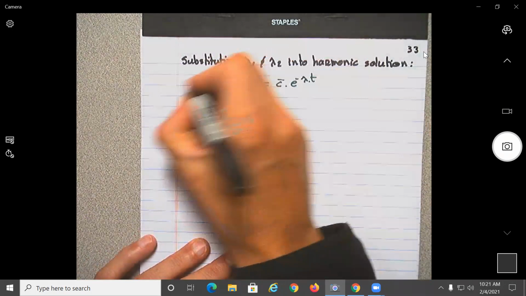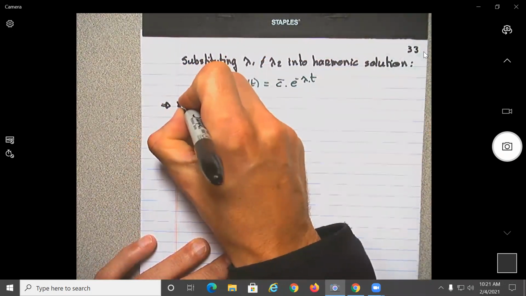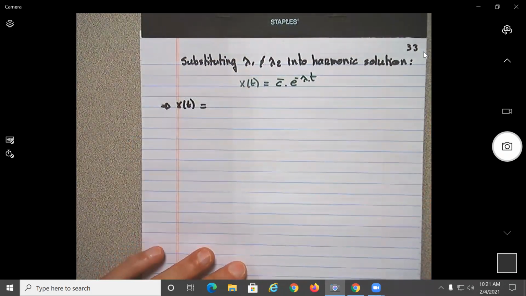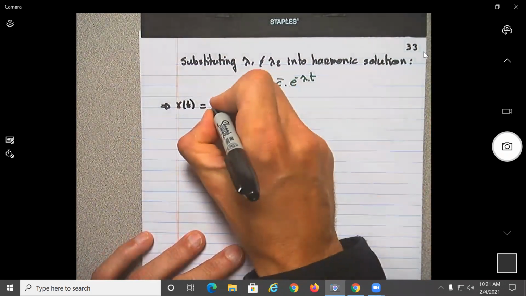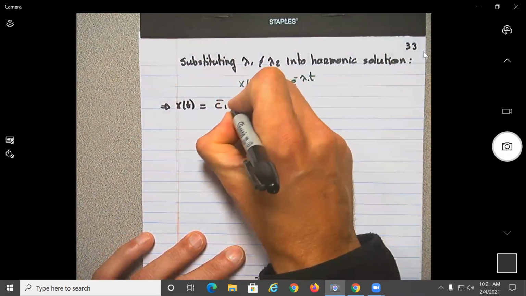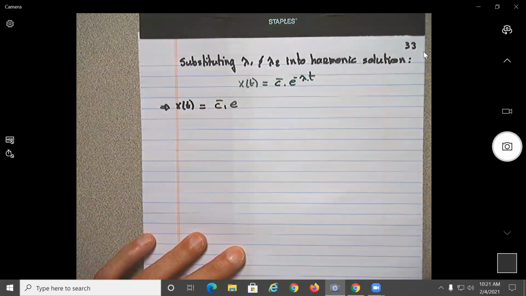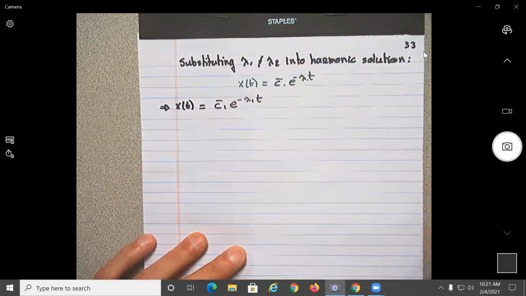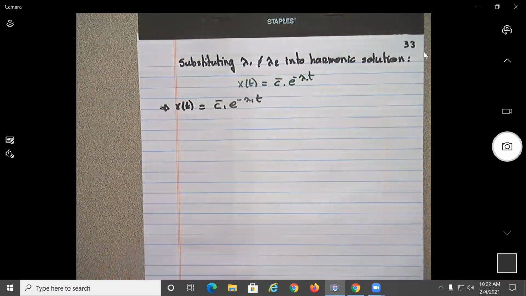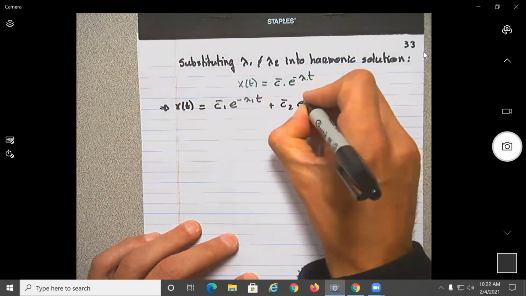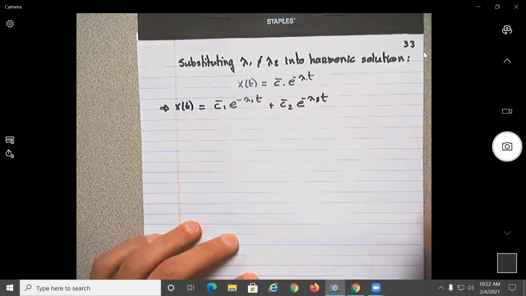So we have over here x of t will be equal to, you know what, I'm going to write it in a simpler form, will be c1 exponential of minus lambda 1t, let me put it that way, plus C2 exponential of minus lambda 2t.